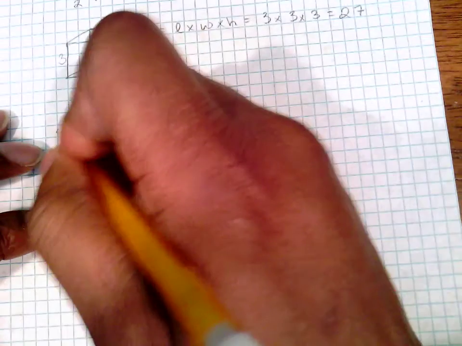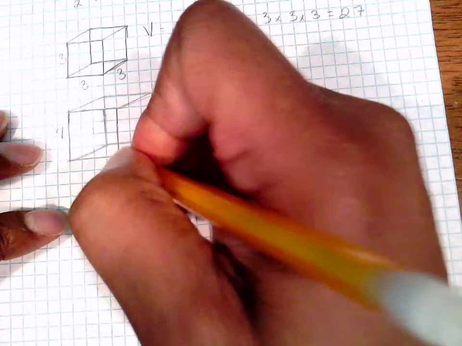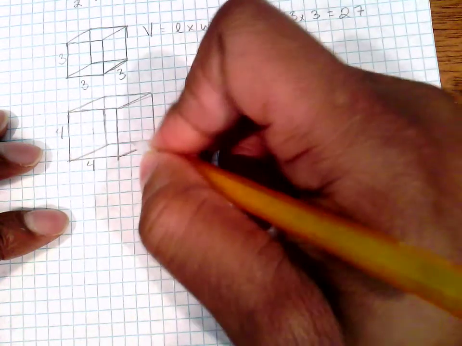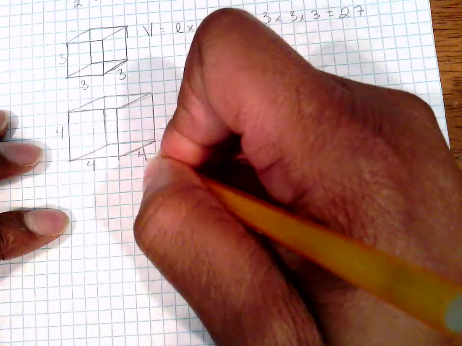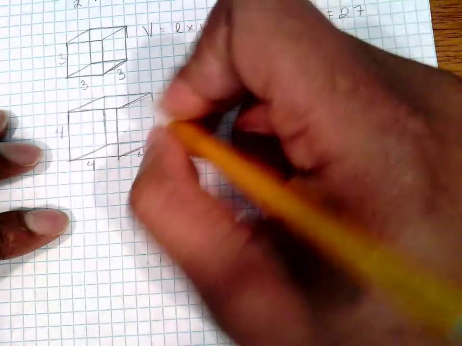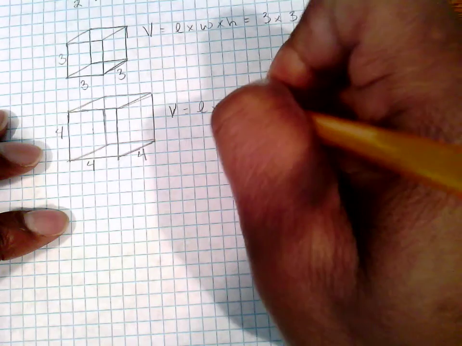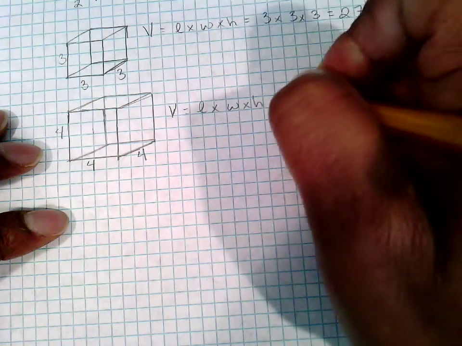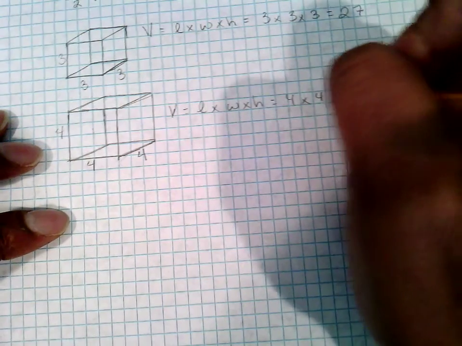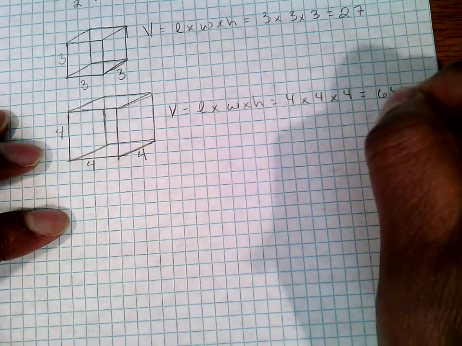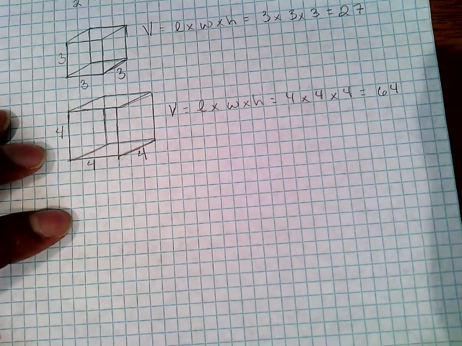We have 4 high, 4 in length, and also 4 wide. So the volume equals length times width times height. That's 4 times 4 times 4, which would give you 64 cubic units.